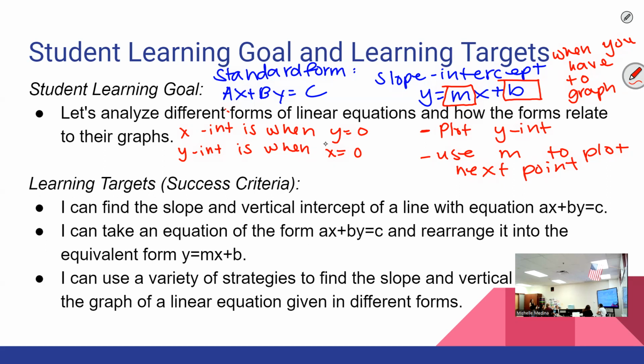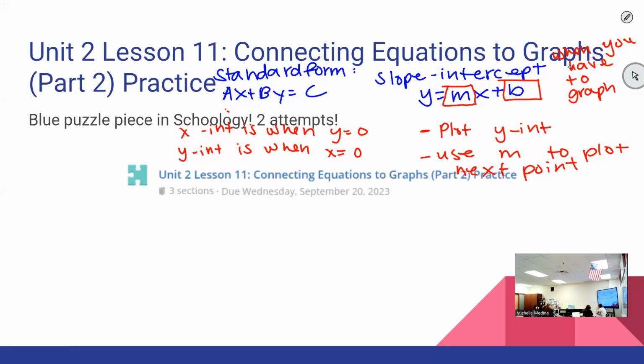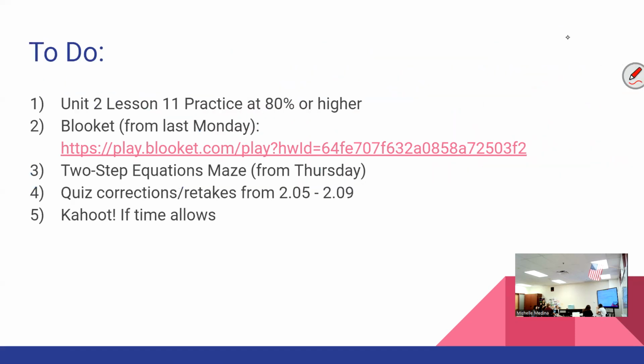But if you were rearranging ax plus by equals c, let's actually do that, because that'll be helpful for your test. I know you guys don't usually take notes during this part, but I think it's helpful. Anyway, when we rearrange ax plus by equals c into slope-intercept form, what are we trying to isolate?